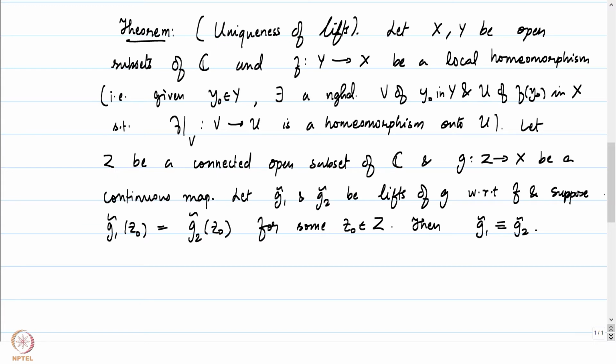Suppose we have a map g, which is a continuous map from some other open connected subset Z of C into X, and suppose we have two lifts of g, g1 tilde and g2 tilde. The uniqueness theorem tells us that g1 tilde and g2 tilde, if they agree even at one point, have to be identically equal on the entire space Z. Let's give a proof of this statement.